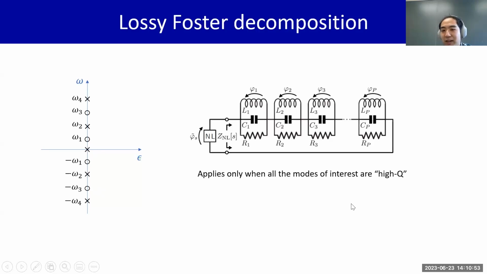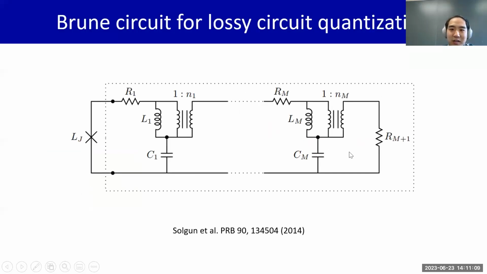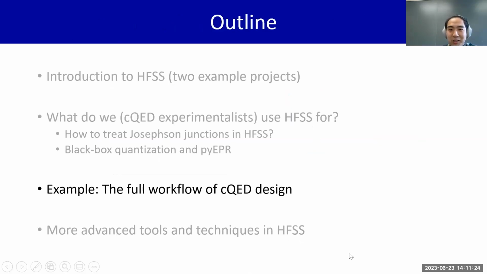In that approximation, and you need all the modes to be high Q, we can approximate the lossy circuit by an LCR circuit instead of just an LC circuit from Foster. But the exact treatment of a lossy circuit would be something called the Brune circuit, which is introduced in detail in this article. But again, that's a very complicated thing, and I'm just showing this reference in case you're interested, but I'm not going to go into detail for that.